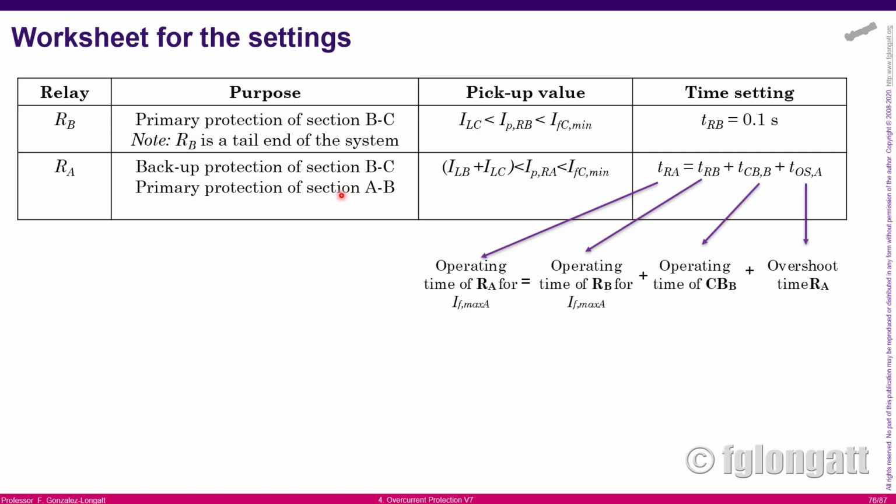For a fault between A and B, the primary setting will be the current and it will trip the relay. But if relay B plus the circuit breaker doesn't open, we will wait some time and then we will trip relay A. That is extremely simple. It's basically logic.